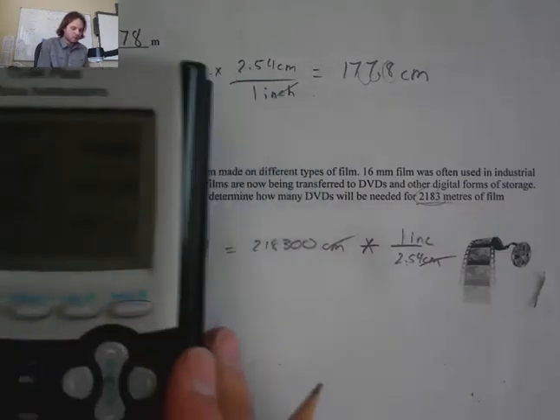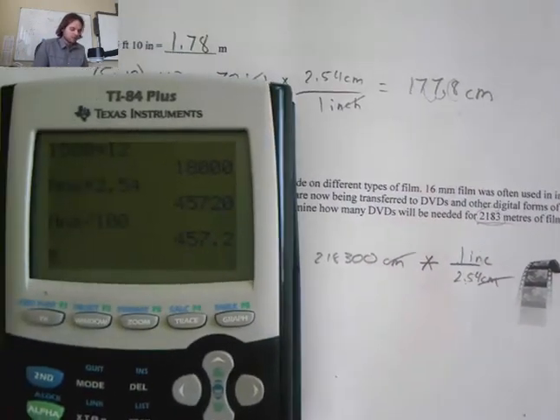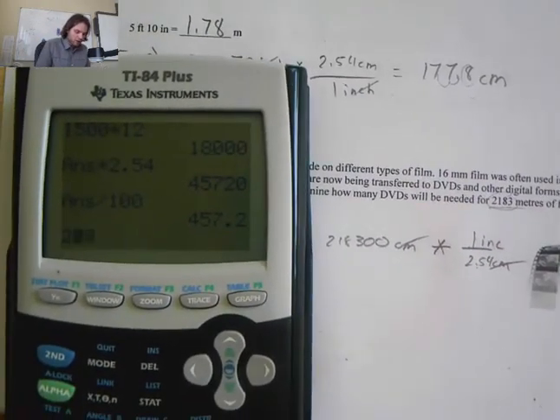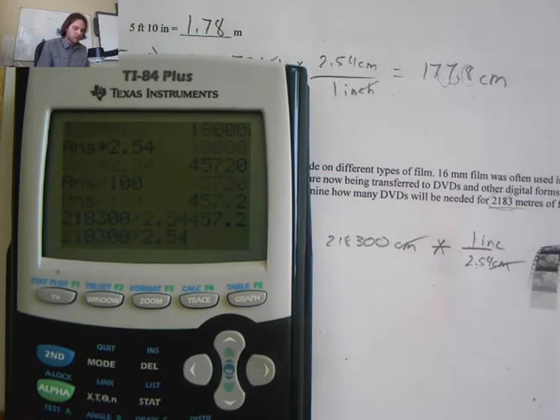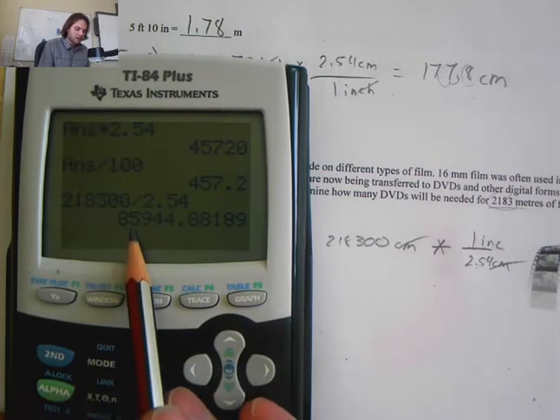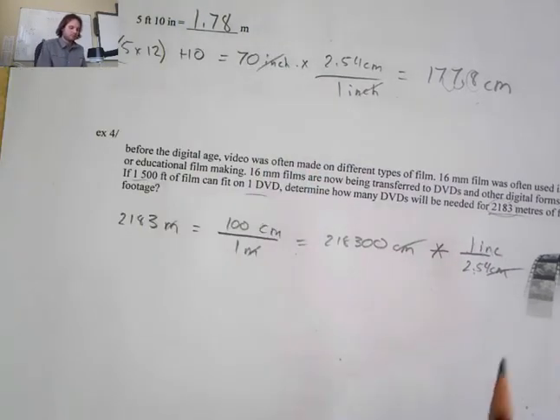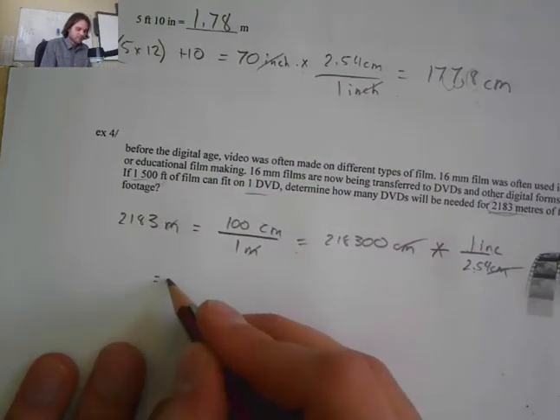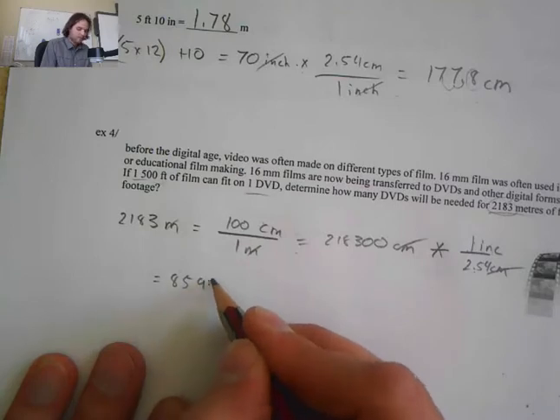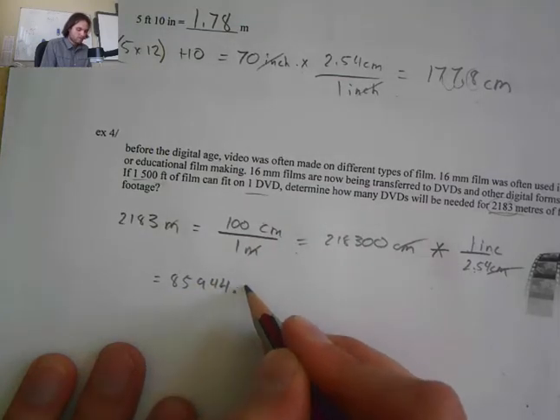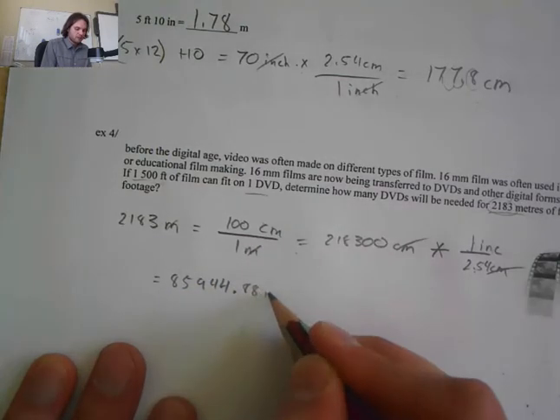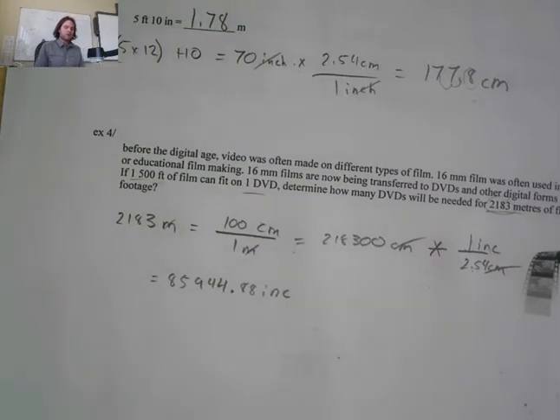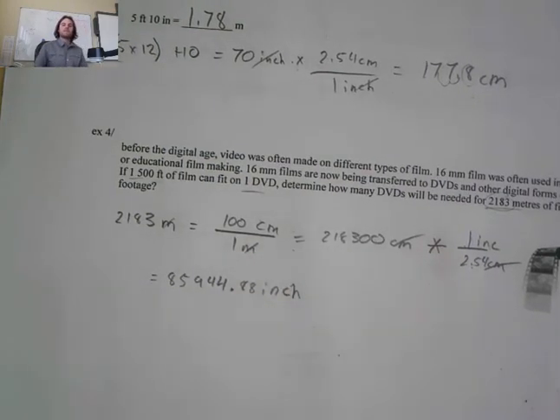So let's try this out. We're going to have 218,300, and I'm going to divide this by 2.54, which will give me 85,944 inches. Okay? Now I want to make this into feet.